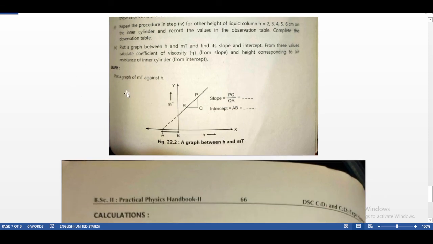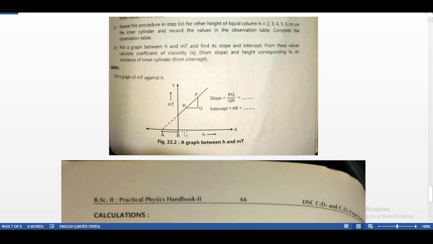Then plot the graph of h and mt and find its slope and intercept. From these values calculate the coefficient of viscosity eta from the slope, and the height corresponding to air resistance of the inner cylinder from the intercept. It is the style of plotting the graph of mt against h, mt on the vertical y-axis, h on the x-axis.